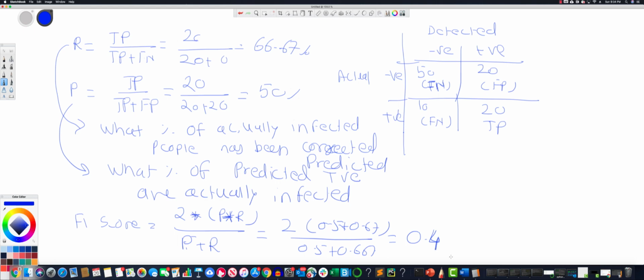One more thing to take care of is the area under the curve, as it is often referred to. This is the area under the receiver operating characteristics curve.